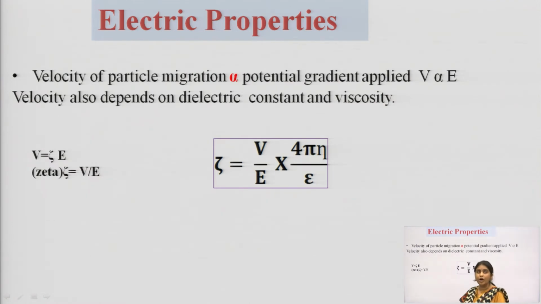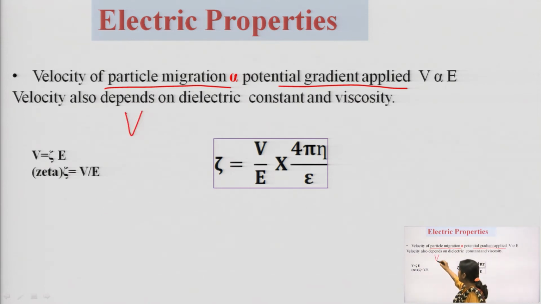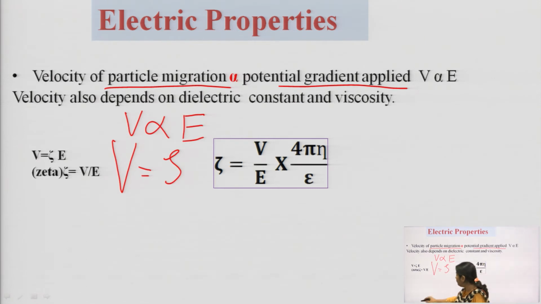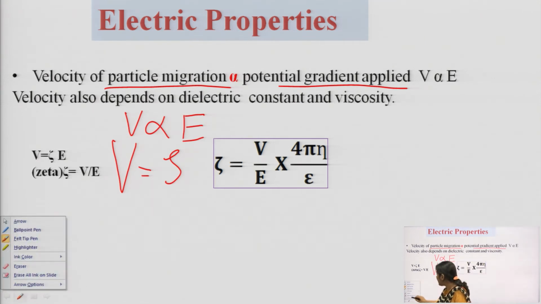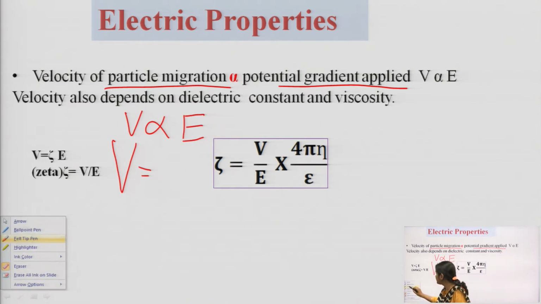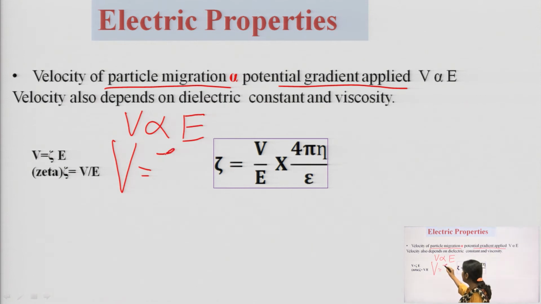Now, the velocity of the particle migrating is directly proportional to the potential gradient applied. So, V is directly proportional to the potential gradient applied. To equate this, we will multiply it with zeta potential.